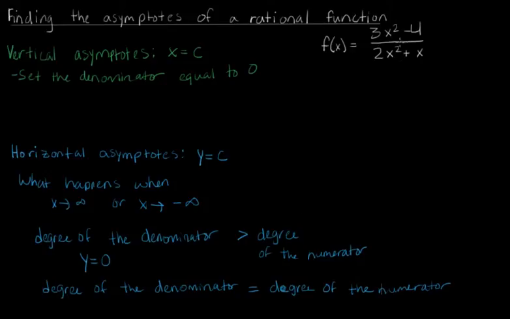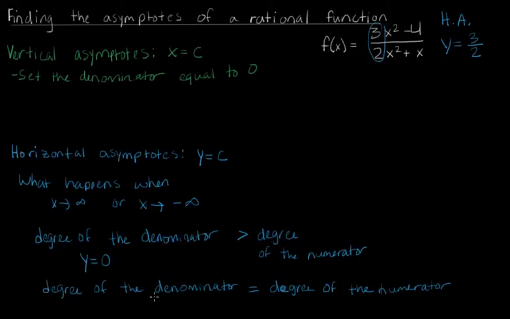And that means that when these numbers get really, really big, these numbers are going to be so much smaller than these ones that they won't really matter. And what's going to happen is the x squareds are going to be the same. So whatever these leading coefficients are, this is going to be your horizontal asymptote. So in this case, your horizontal asymptote is going to be 3 over 2. So y equals 3 over 2 is going to be your horizontal asymptote.